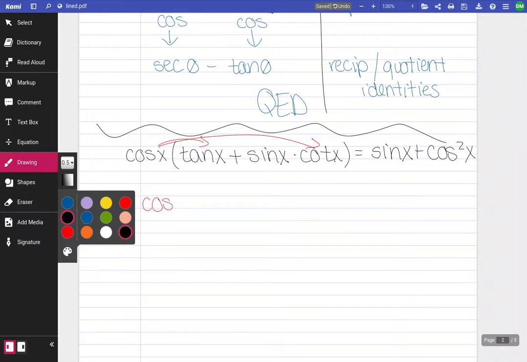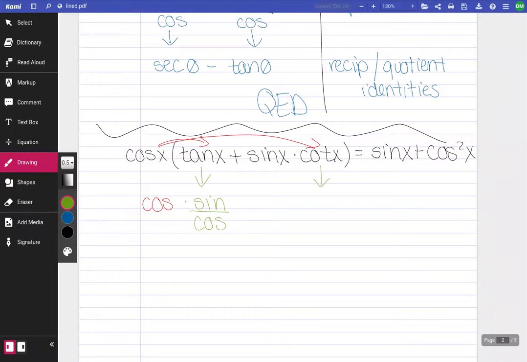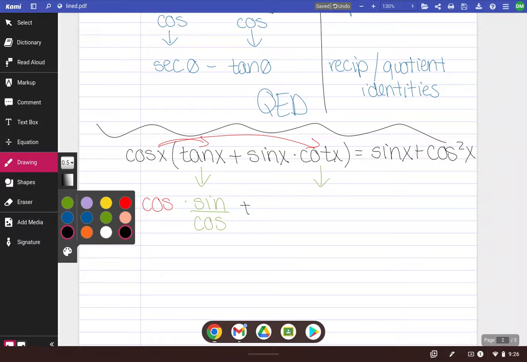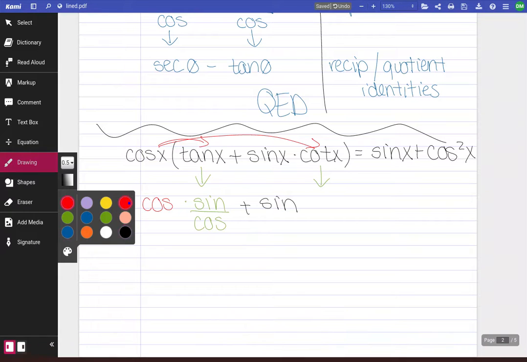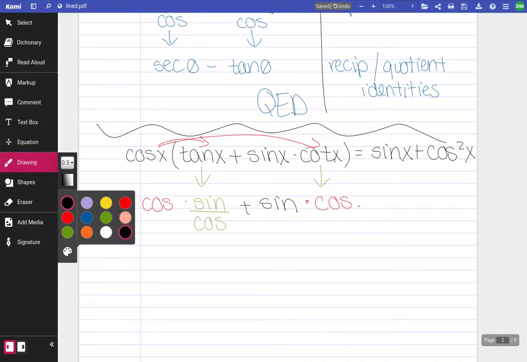What I tend to do is also change my tangent and cotangents into sines and cosines. So tangent is sine over cosine, then plus sine times my distributed cosine times, for cotangent, cosine over sine.